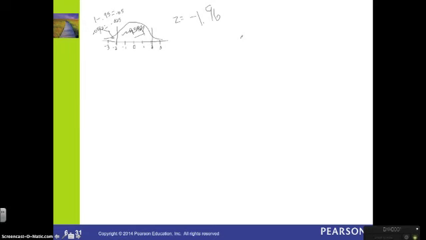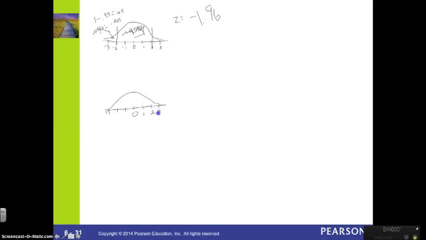So let's do the same thing for 68%. So again, I'm going to draw my normal distribution. We're going to follow the same process. Okay, here's my 0. And then I mark off 3 standard deviations. And I don't have to worry about converting these numbers because we're only just talking about the standard normal right now.